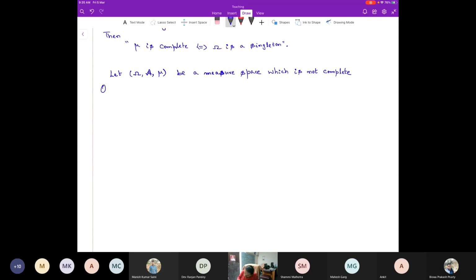So let me put it in the form of a question: does there exist a measure space omega, A dash, mu dash such that A is contained in A dash, mu dash restricted to A is mu, and this triplet omega, A dash, mu dash is complete?